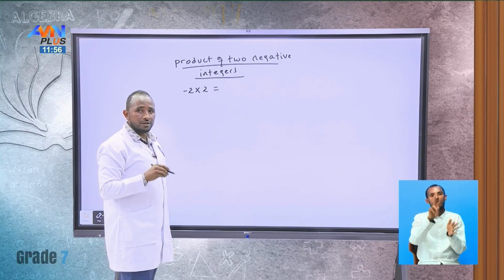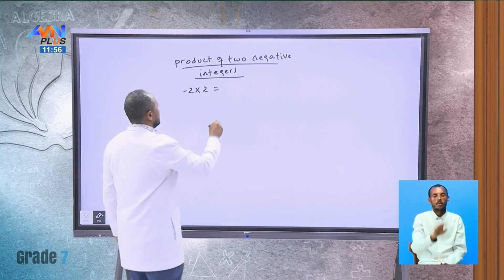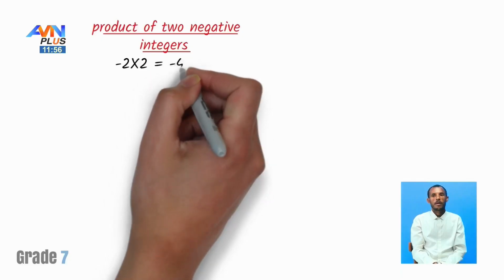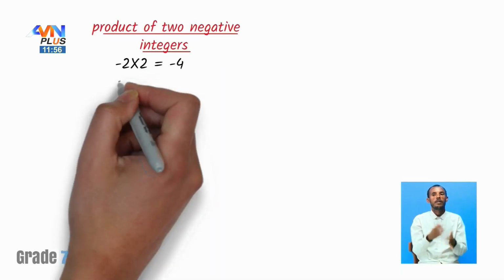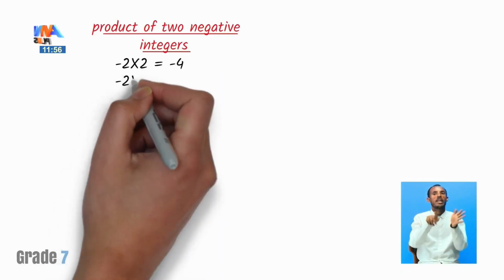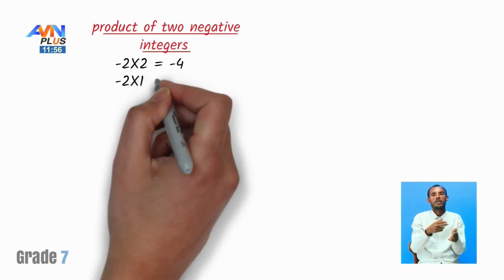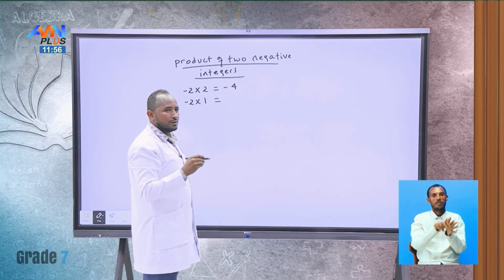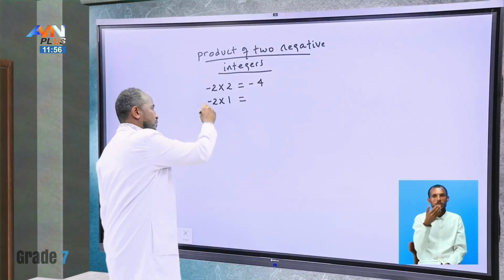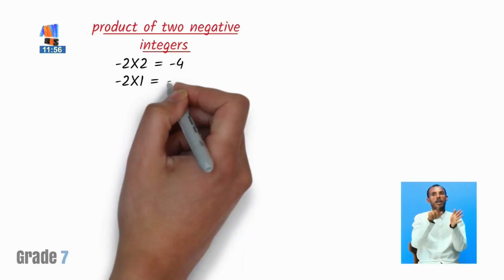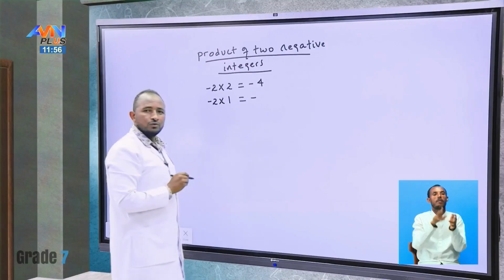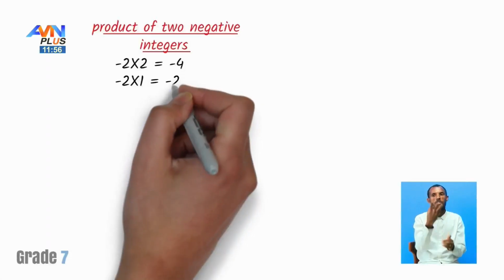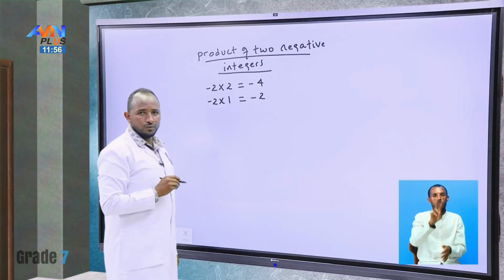The answer is negative 4. Now take this one, negative 2 times 1. What is the product of negative 2 and 1? Good. One is positive, the other is negative. The answer is negative, and you multiply 2 times 1, which is 2. Therefore, the answer will be negative 2.